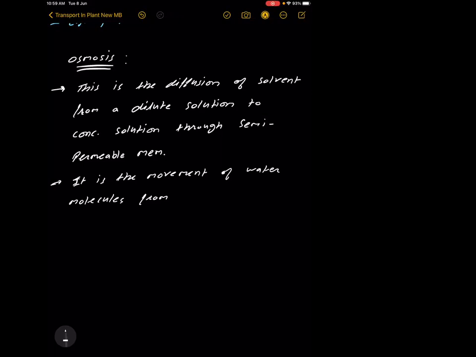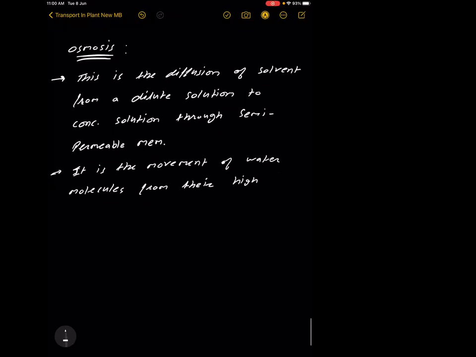It is the movement of water molecules from their higher concentration, from their high potential region to low potential region. What does it mean?